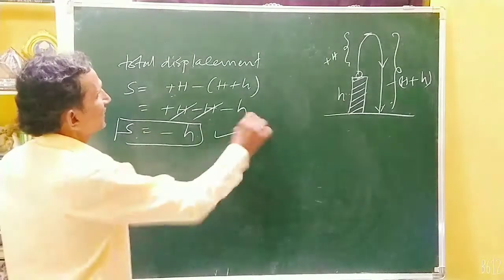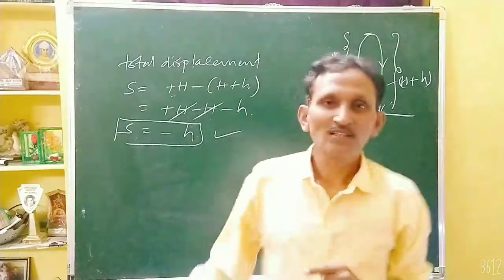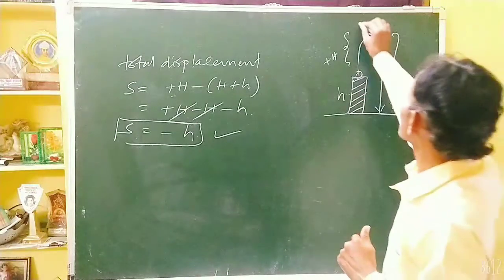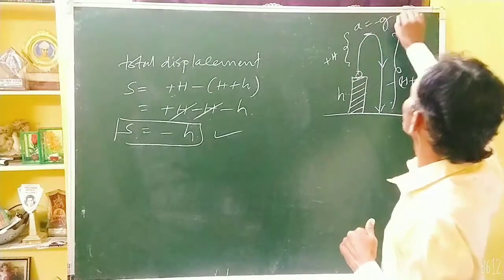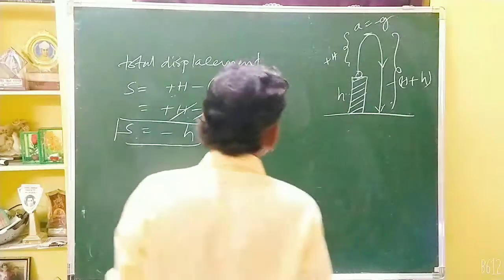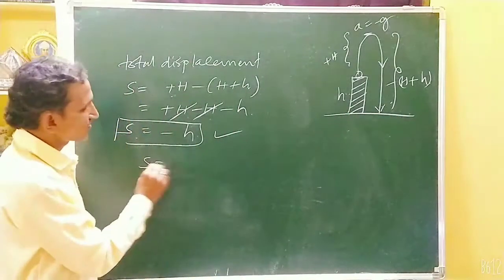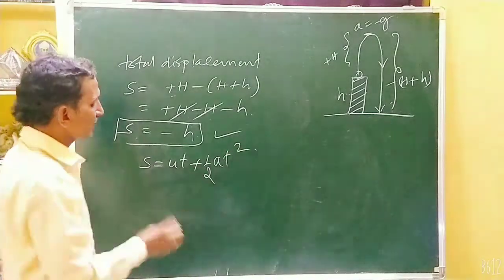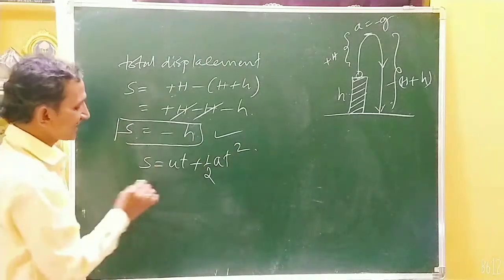We have seen in the previous class that when the body is going up, the acceleration is taken as minus g. So when you substitute the values in the equation s is equal to ut plus half at square, s is equal to minus h.